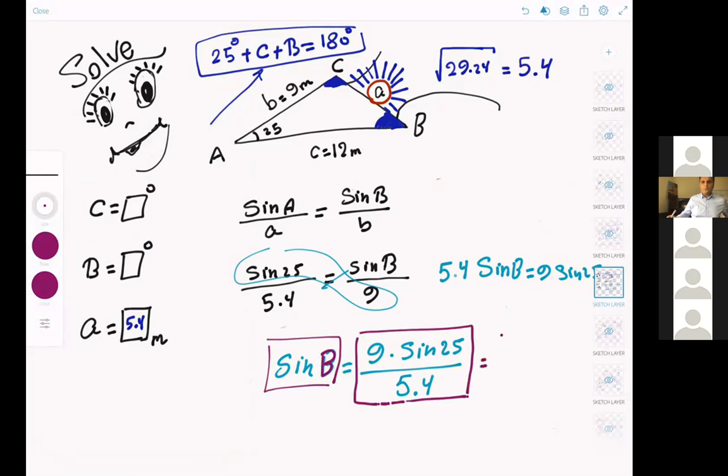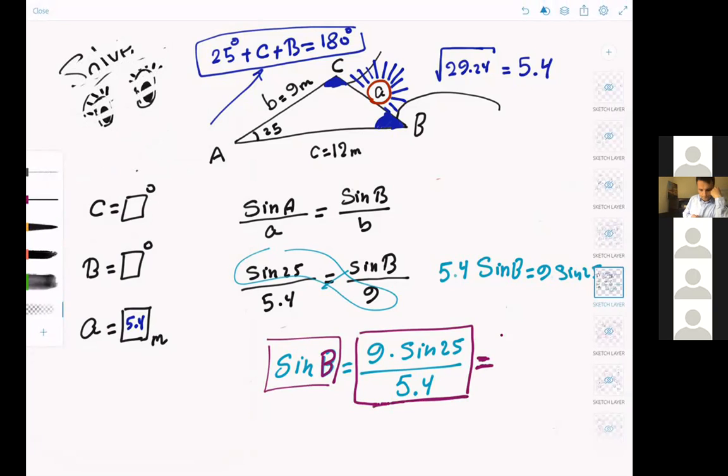What is 9 times sine of 25 over 5.4? Anybody can do this for me?